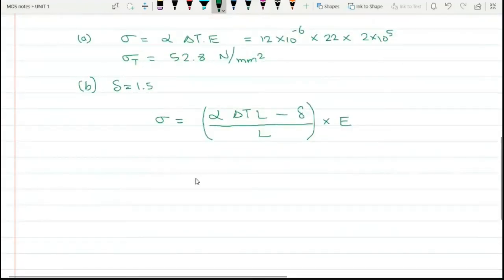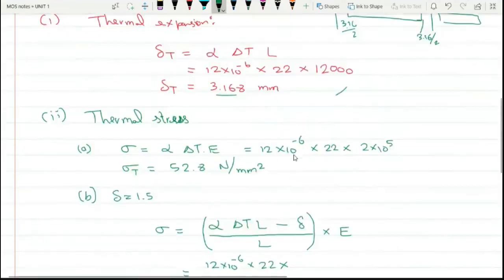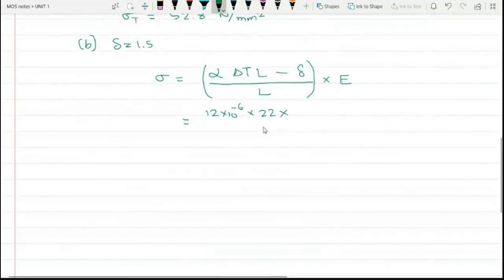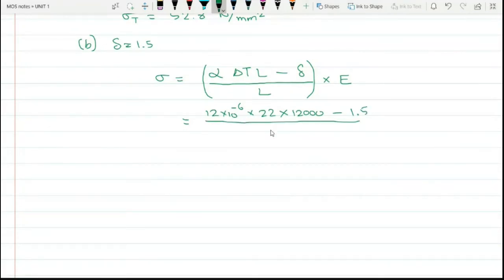So just apply it, same procedure. So which is 12 into 10 power minus 6 into 22 into your length is 12,000 minus 1.5 divided by 12,000, right, into E, which is 2 into 10 power 5, right?